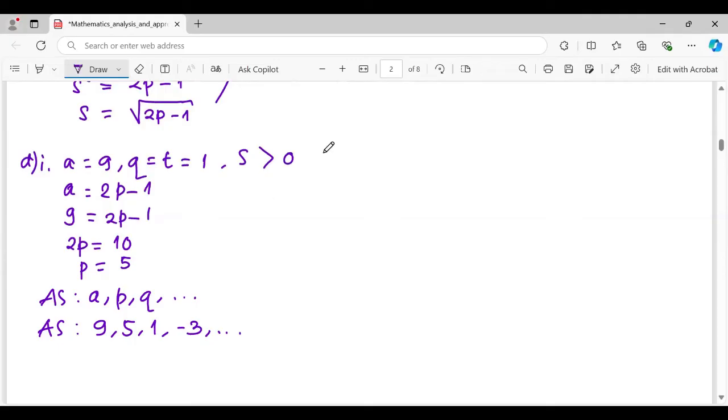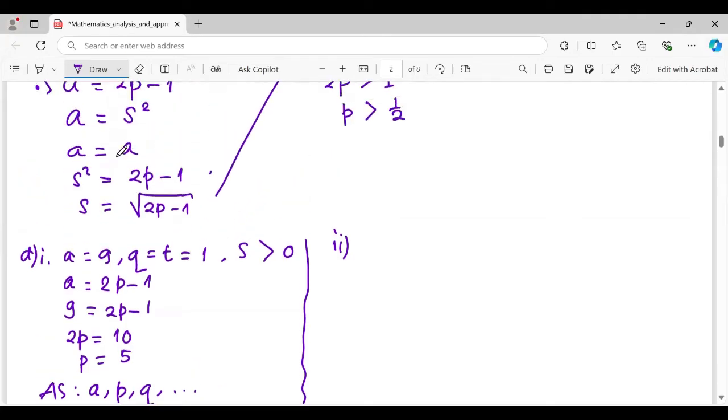Next, part 2. From this equation, a equals s squared. So 9 equals s squared, so s equals square root of 9, and it is 3.